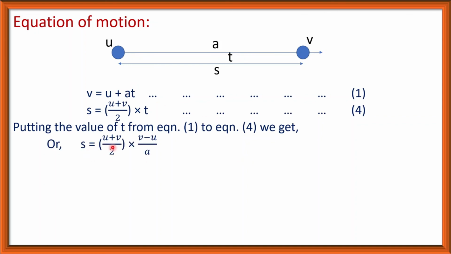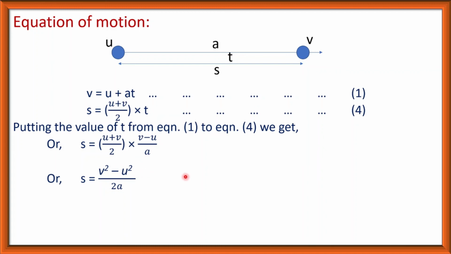So s is equal to u plus v divided by 2 into here t means v minus u divided by a, and after simplification, u plus v and here v minus u, v plus u into v minus u means v square minus u square.